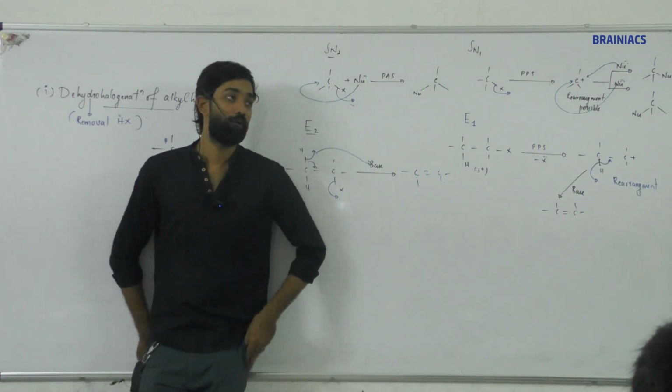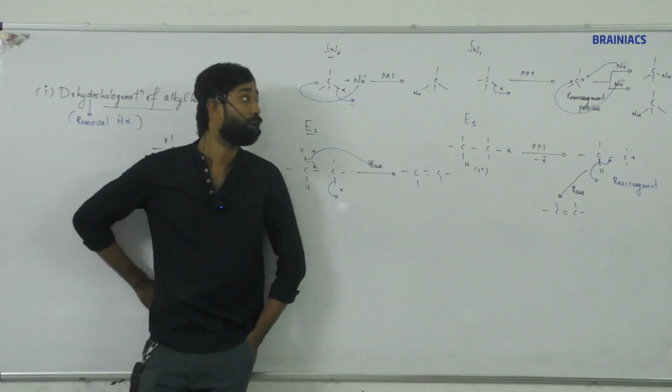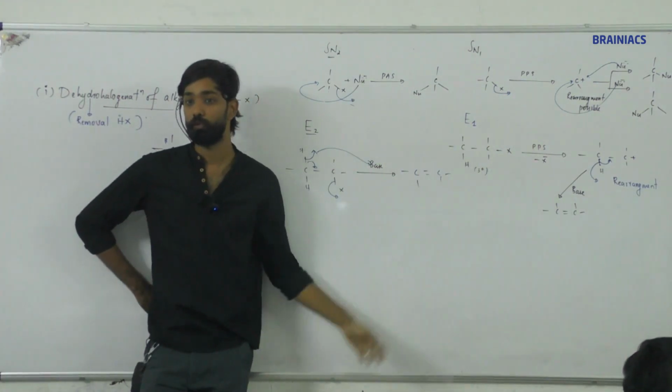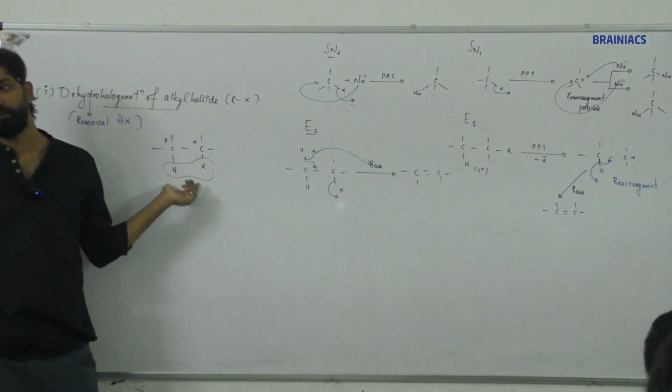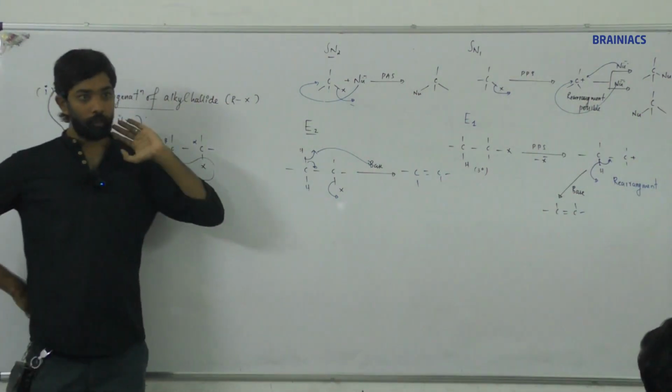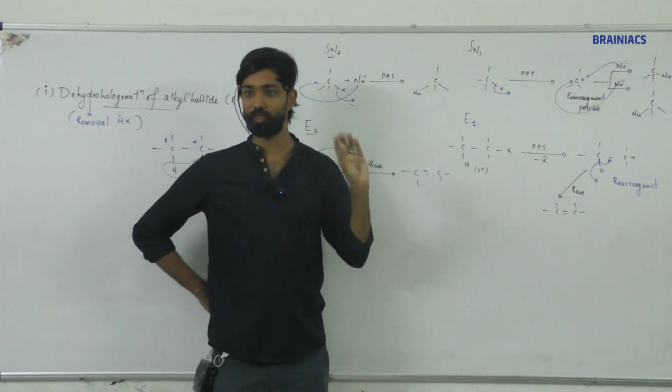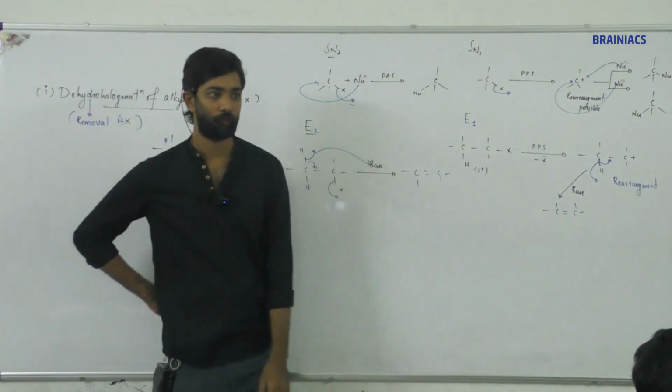So in the case of elimination of alkyl halide, we can't predict whether the mechanism is E1 or E2. E1CB is a rare mechanism. You should have a clear picture about E1, E2, SN1, SN2 at least.